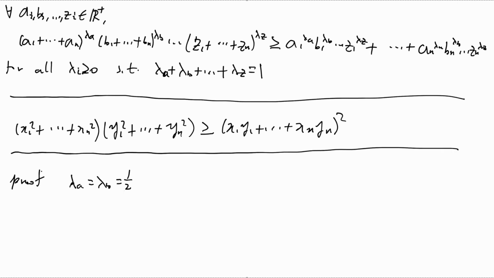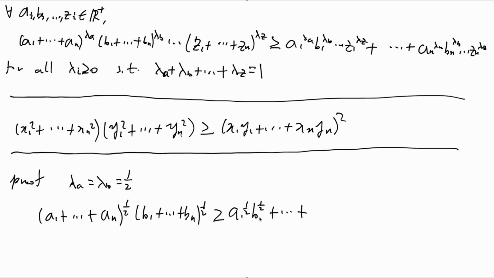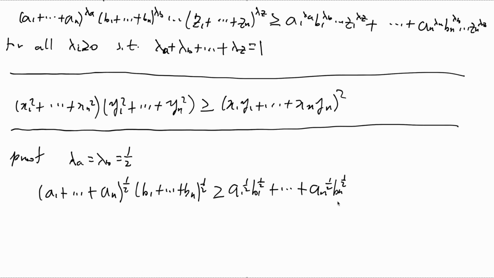So because we know that this is true, we can rewrite this from our Hölder's inequality: (a sub 1 + ... + a sub n) to the power of 1 over 2 times (b sub 1 + ... + b sub n) to the power of 1 over 2 is always greater than or equal to a sub 1 to the 1 over 2, b sub 1 to the 1 over 2, plus ... plus a sub n to the 1 over 2, b sub n to the power of 1 over 2.